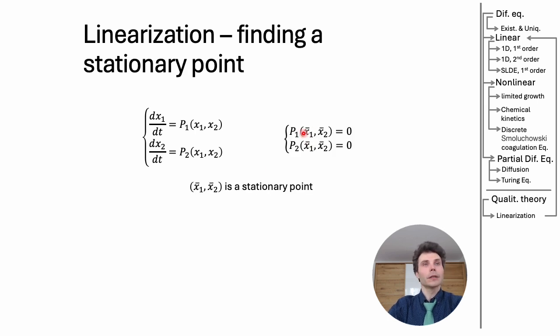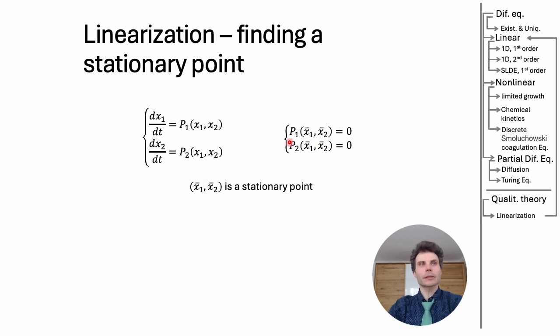So the condition p1 equals 0, p2 equals 0 implies that the solution to this equation, x1 bar and x2 bar, is a stationary point. These are the particular points that satisfy this equation with the particular values of the variables x1 and x2.